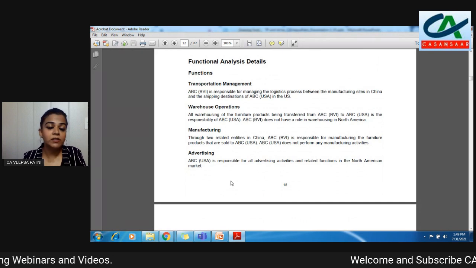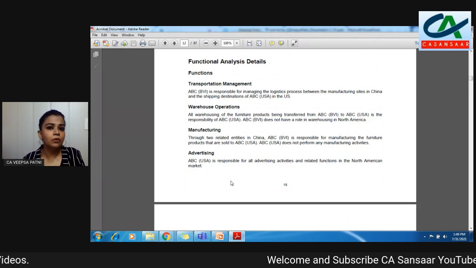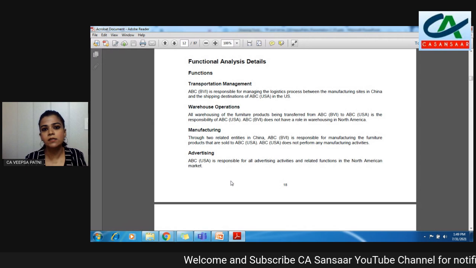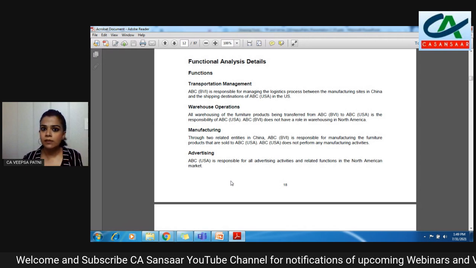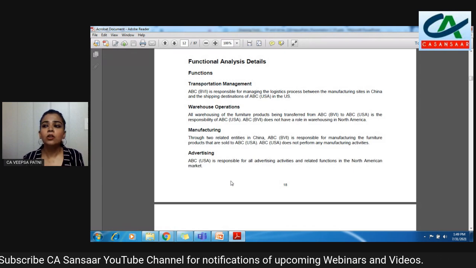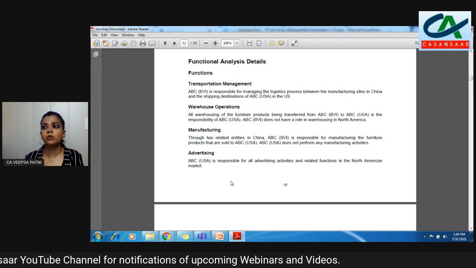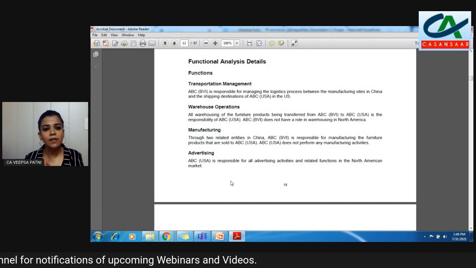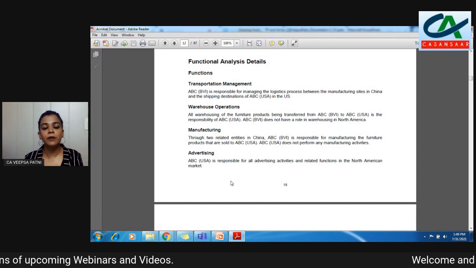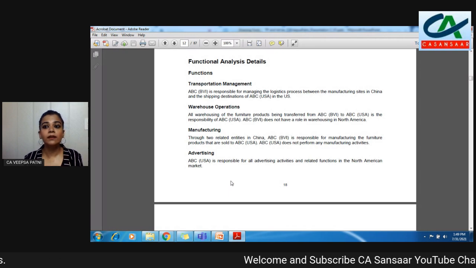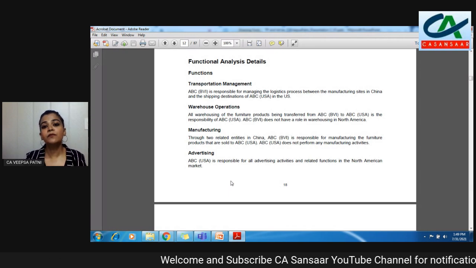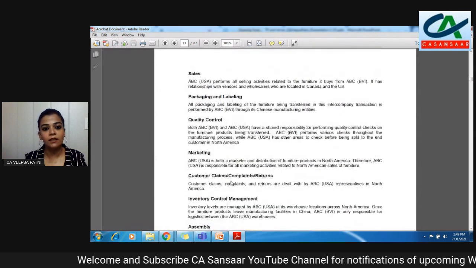You might be questioning how you know these functions are done by this entity or that entity. This all comes through discussion with the client. He provides you with documents like agreements, invoices and bills. So that's how you know what functions have been agreed between both parties, and that is how you get an idea of which function is performed by which entity in the group.